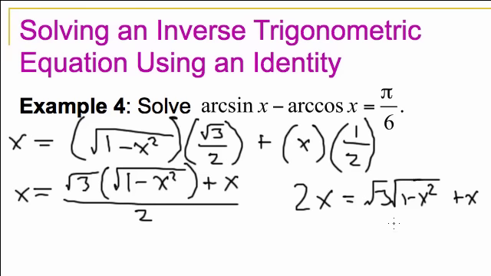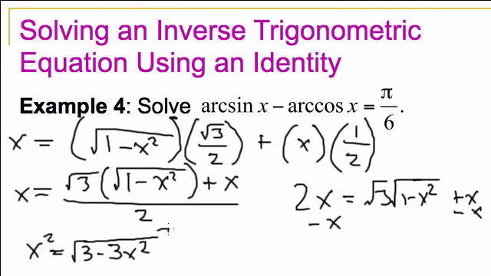We can move the x over to the other side by subtracting, so 2x minus x. If we subtract x on both sides, we're going to get x is equal to the square root of 3 minus 3x squared, if we distribute the 3 in there. And so we can cancel the square root by squaring.